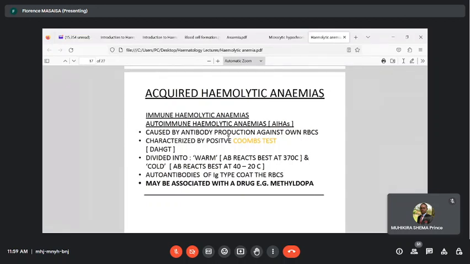This is characterized by a positive Coombs test. Coombs test, I think you will repeat it in molecular immunology. We have two types: warm antibodies, which react at high temperature, and cold antibodies, which react at lower temperature.